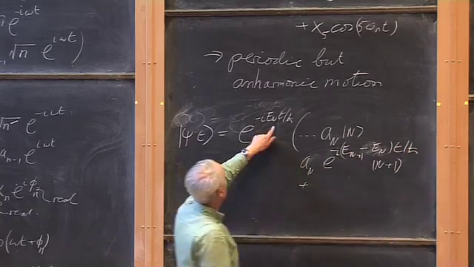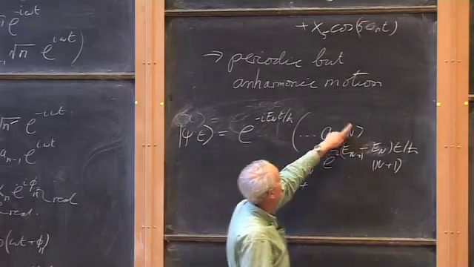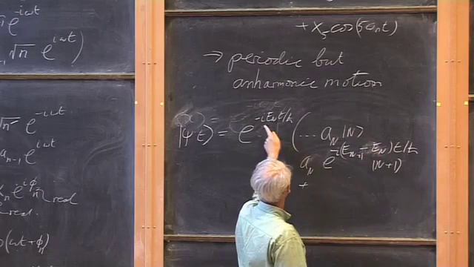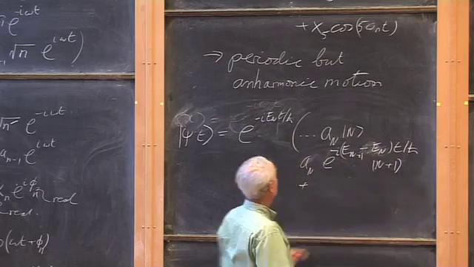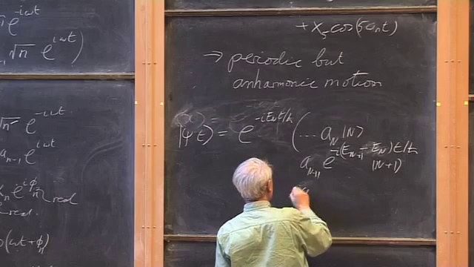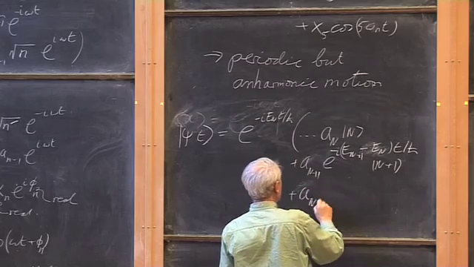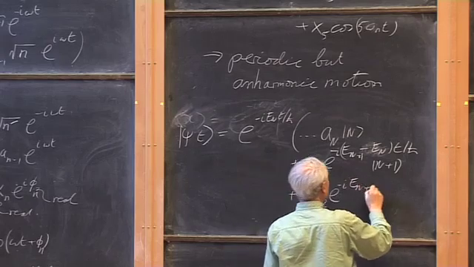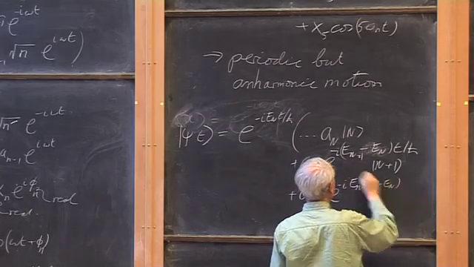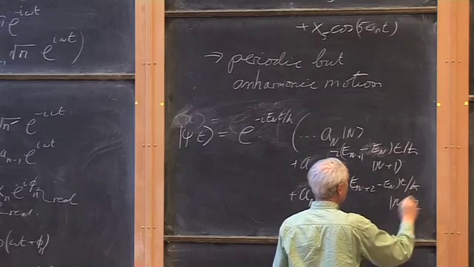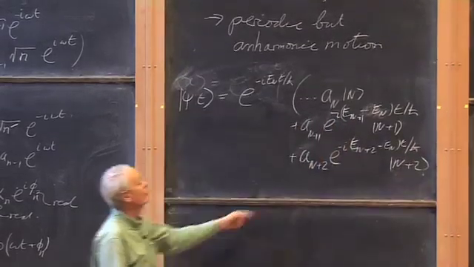So I've taken a common factor out. This one doesn't have any exponential. This one should have its proper exponential minus the thing that I've taken out. The next one should have a_n+1, and this should be plus a_n+2 e to the minus i (E_n+2 minus E_n) t over h bar, and so on and so forth.